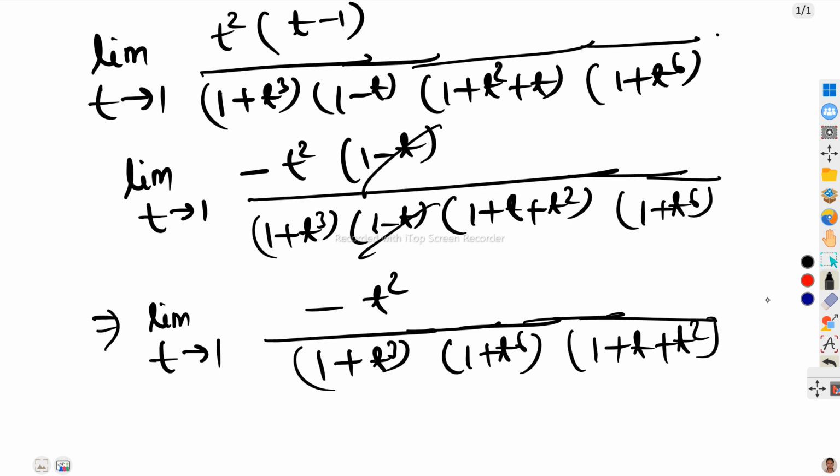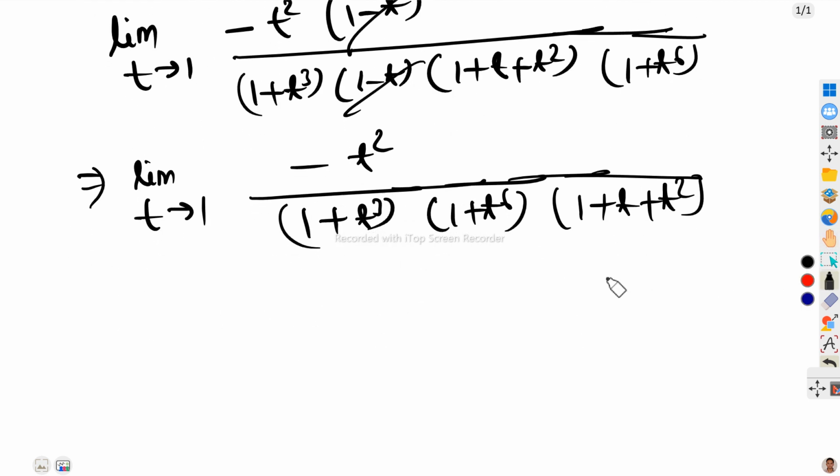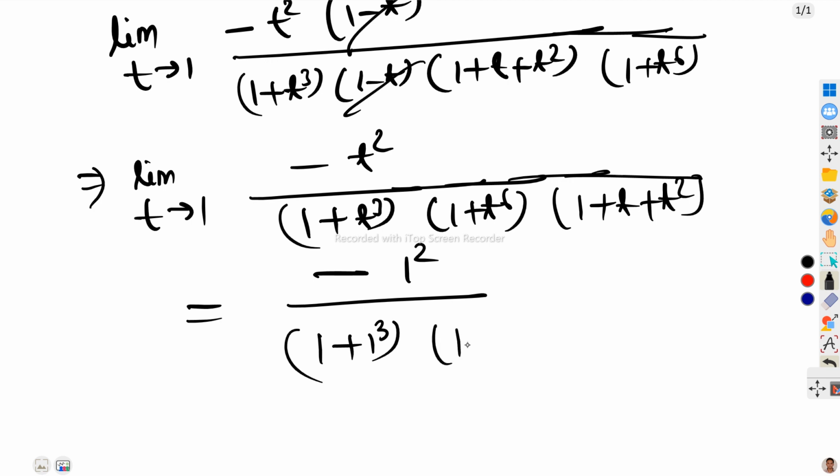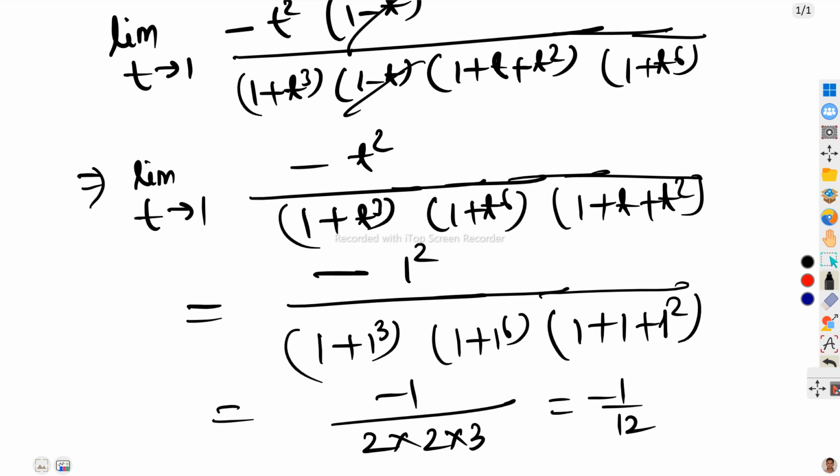Again, we see that as t tends to 1, this expression is not in any indeterminate form, so we can put t equals 1 to get the direct limit. So minus 1 square upon 1 plus 1 cube, 1 plus 1 raised to power 6, and 1 plus 1 plus 1 square, and this equals minus 1 upon 2 into 2 into 3, which is minus 1 upon 12. This is our answer.